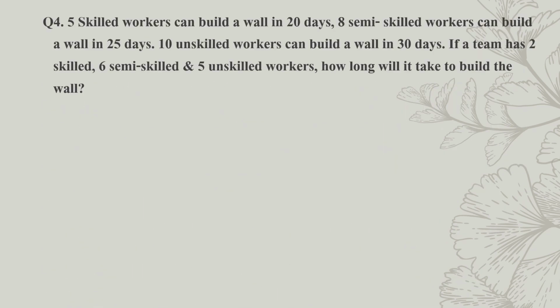Moving on to the next question. 5 skilled workers can build a wall in 20 days. 8 semi-skilled workers can build a wall in 25 days. 10 unskilled workers can build a wall in 30 days.